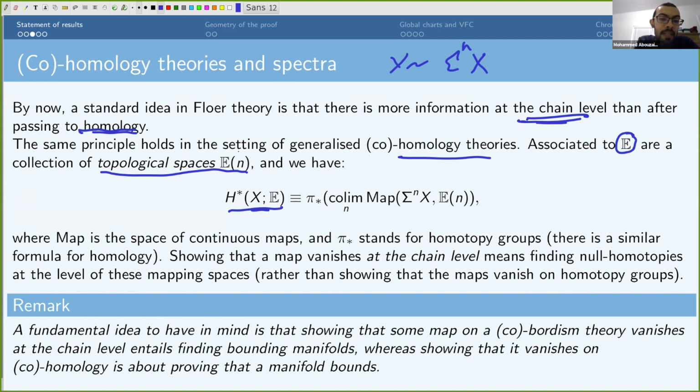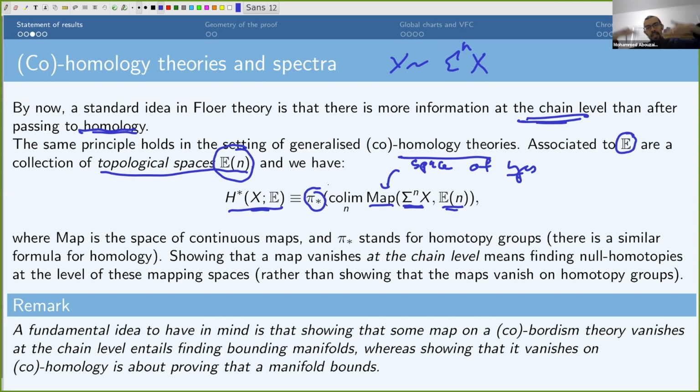And it can be expressed in terms of these spaces as the space of maps from the nth suspension to the nth space of this collection. And you basically look at the homotopy groups of this space.